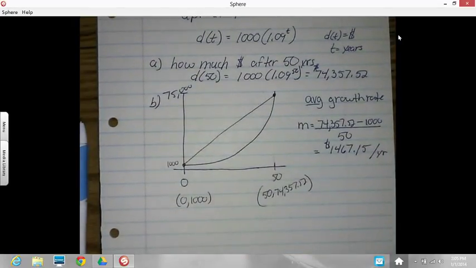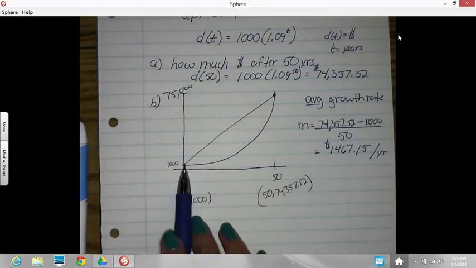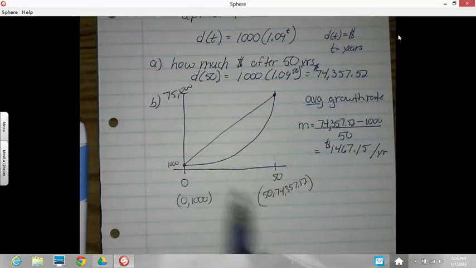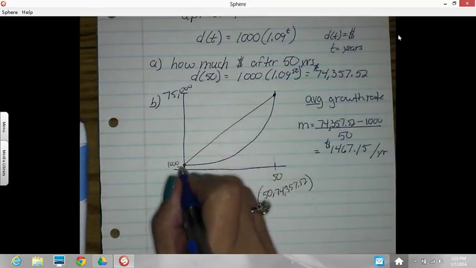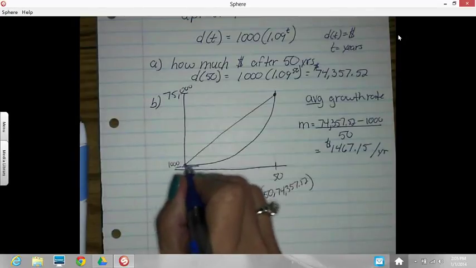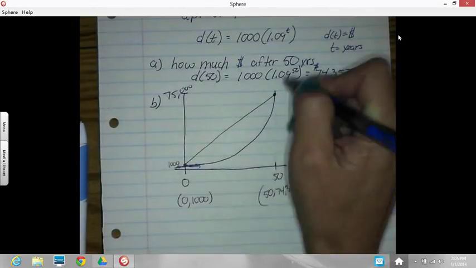Okay, now it says differentiate numerically to calculate the instantaneous rate at which your money is increasing now and when you retire at 50. So we want the instantaneous rate. So we want the slopes at these 2 points. So we want the slope here. I know it looks a little linear, but it's not going to be. And then we want the slope here.